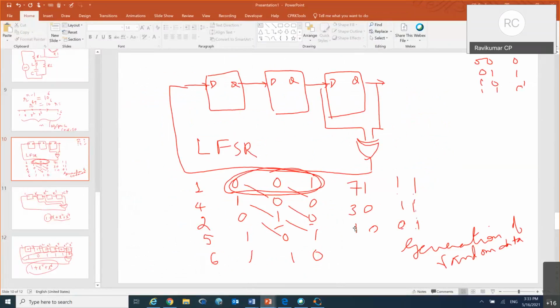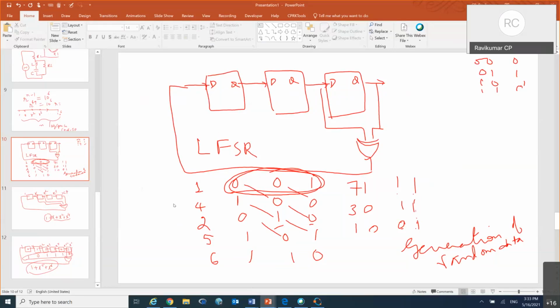The only number which is missing is all zeros, and I can't put all zeros because it will keep cycling there itself. It will get stuck there. So for a 3-bit LFSR, 7 is the biggest sequence.